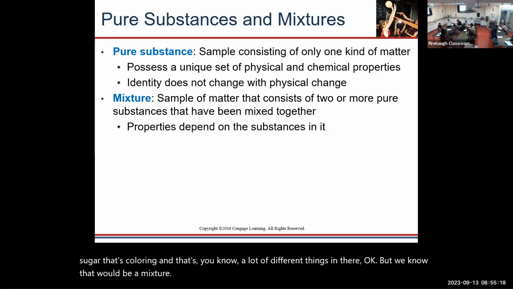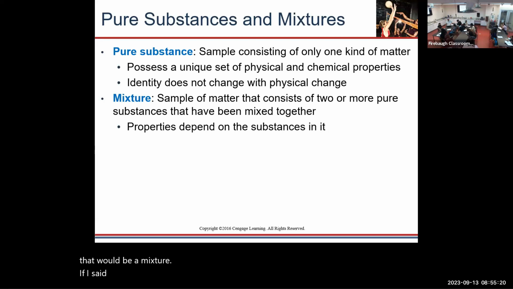If I said ethanol and water, right, that would be a mixture. If I said salt and pepper, put them together, that would be a mixture, right? Okay? Are you guys getting it? You seeing it? You feeling it?